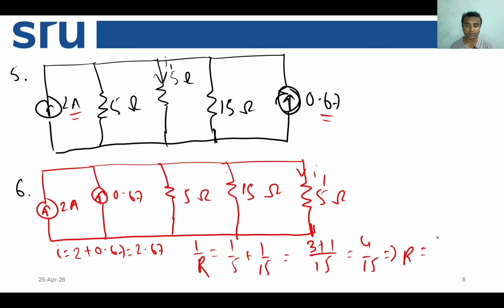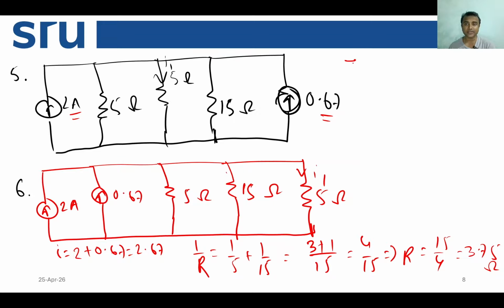So R equal to 15 by 4, which is 3.75 ohm, right. 3 4s are 12, and we get 3, and then 3.75.